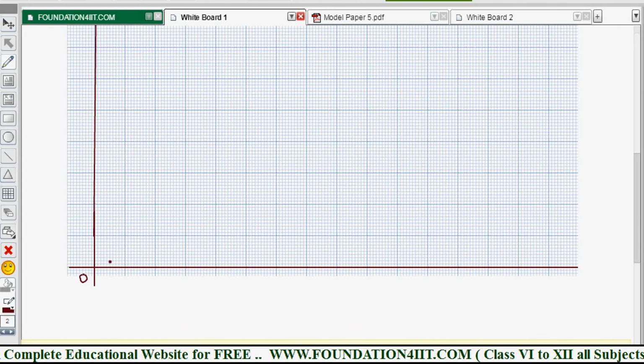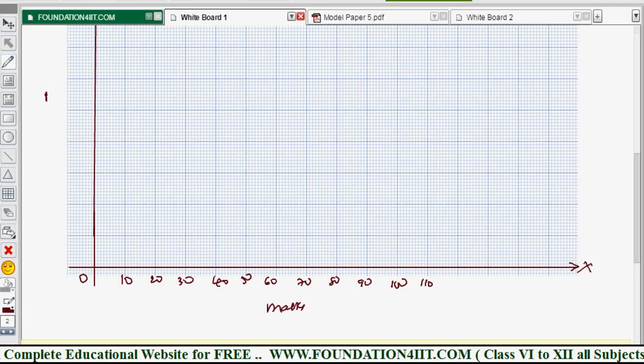So from 0, the marks are taken directly as 10, 20, 30, 40, till 100, 50, 60, 70, 80, 90, 100, 110, and so on. This is the x-axis, the marks.